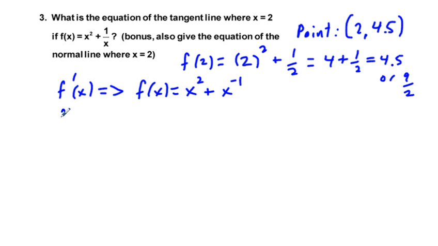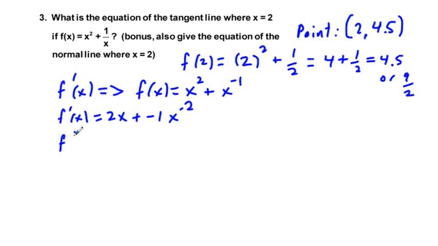So therefore, f prime of x is equal to 2x, that's using the power rule, plus, we take this negative 1, x to the negative 2 power, because we multiplied by negative 1 here, and then we subtracted 1 from negative 1.